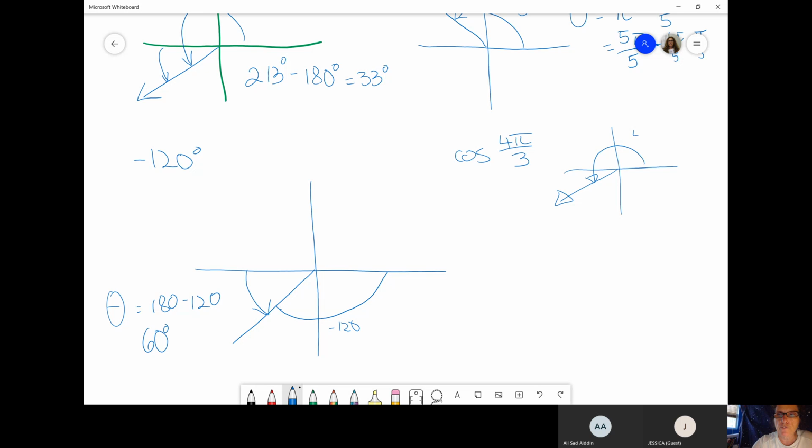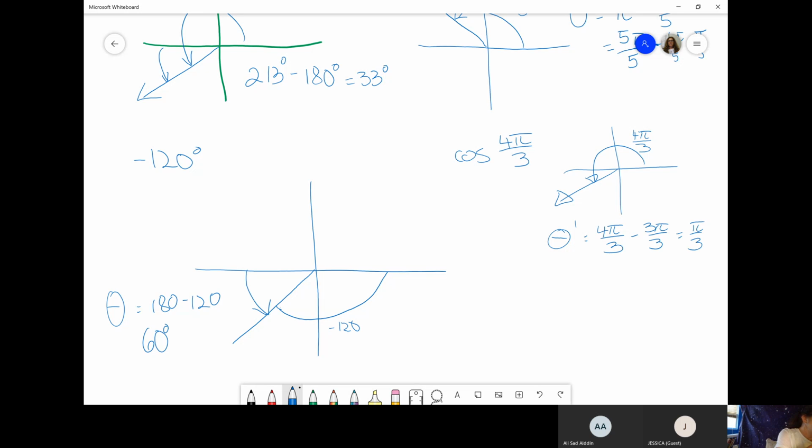So my angle is 4 pi over 3. Now to find the reference angle, we do 4 pi over 3 minus 180, so minus 3 pi over 3, which is pi over 3.